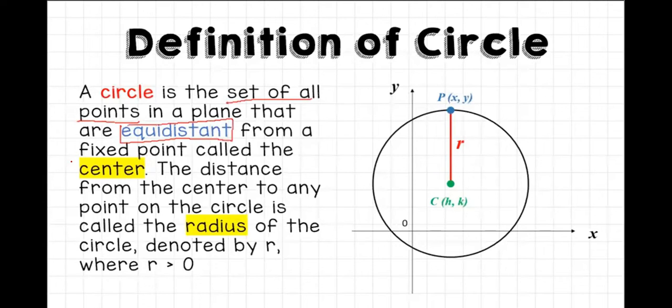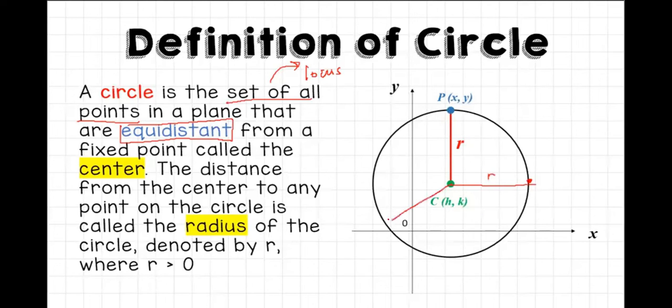A circle is a set of all points o yung tinatawag nating locus of a point in a plane that are equidistant from a fixed point called the center, and the distance from the center to any of the point is what you call the radius.